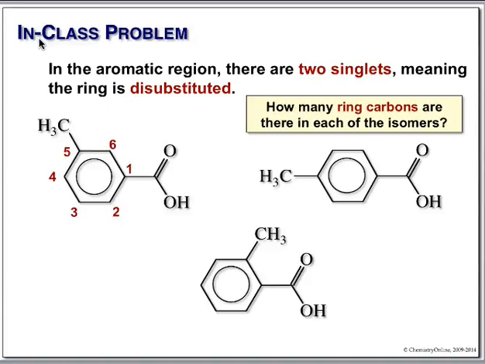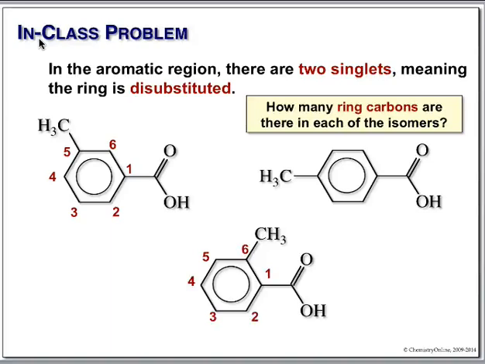Do this one. Attached to the carboxylic acid, attached to the methyl, next to the methyl, next to the carboxylic acid. Now there's no plane of symmetry here, is there? So this one, which is 2 away, is different from this one, which is 2 away this way. Again, 6 different carbons.